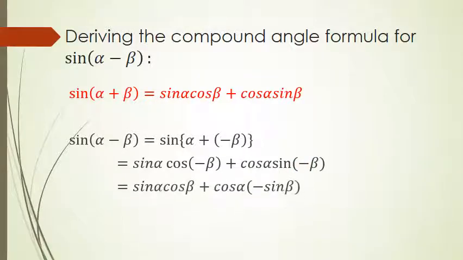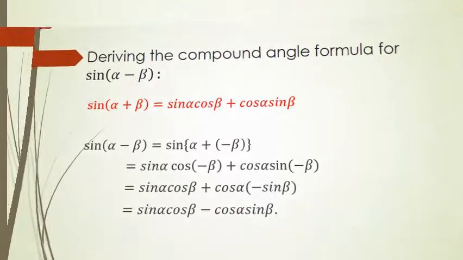So substituting for these, we have sine alpha cos beta and cos alpha multiplied by minus sine beta, and removing the bracket here, we obtain our compound angle formula for sine alpha minus beta, which is equal to sine alpha cos beta minus cos alpha sine beta.